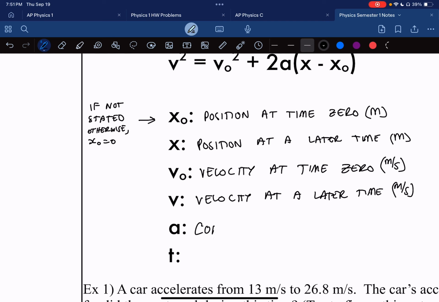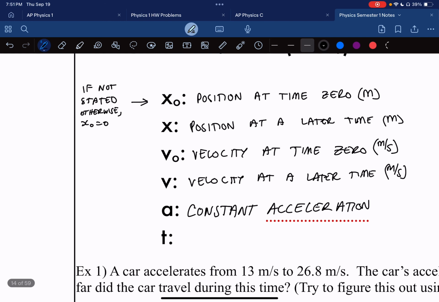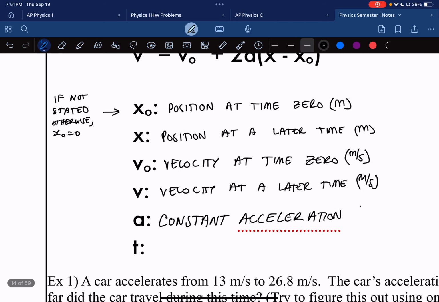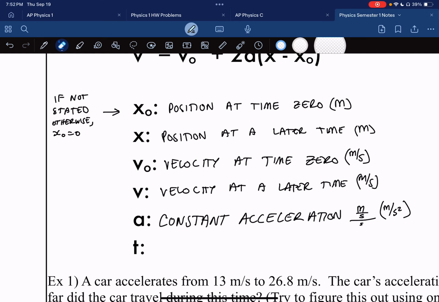A is our constant acceleration, which I had not mentioned. The problems that we can use these equations for must have a constant acceleration. The units for these are, in truth, meters per second per second. But most physicists will write meters per second squared, which is mathematically equivalent.